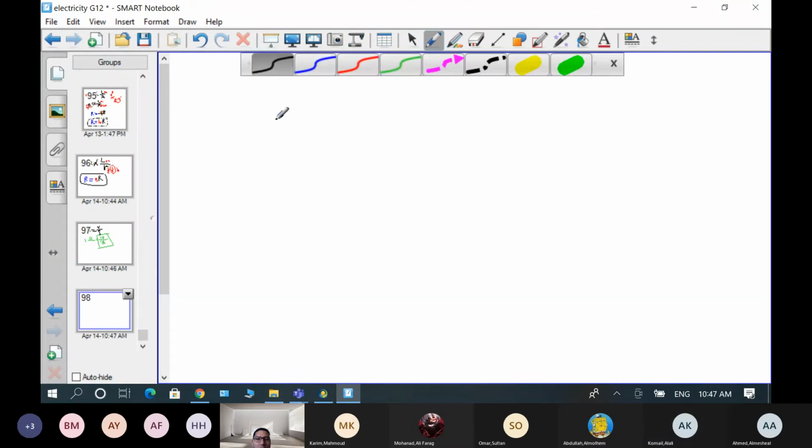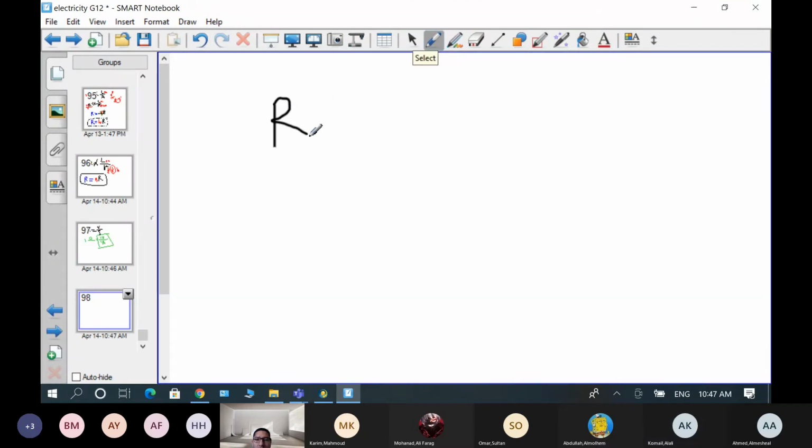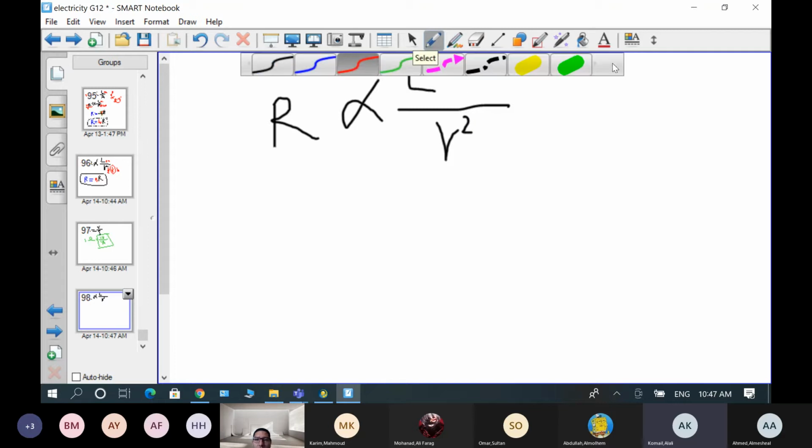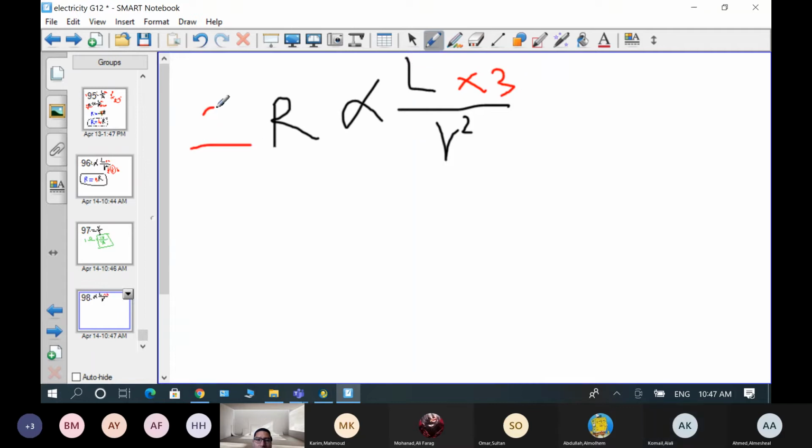So this is the original resistance, R. Again, you have to follow the same process, directly proportional to length and inversely proportional to R squared. Here we multiply by 3, and this one also times 3, so it increases by 3 twice, which is 9 times. So this increased 9 times, this must be decreased 9 times, so divided by 9.